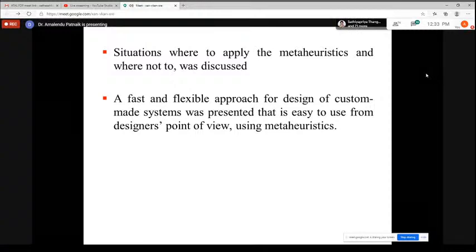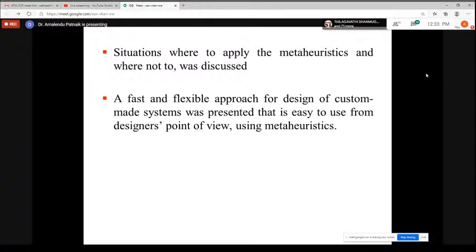Then we have discussed this one, a fast, flexible approach for design of custom-made systems. Custom-made system is depending on the requirement, because nowadays you need mostly multiband antennas. Most of these wireless communication systems, they need multiband because of the number of tasks it has to perform.